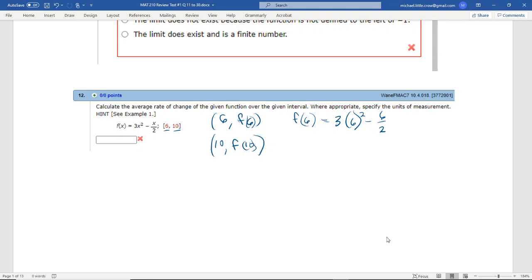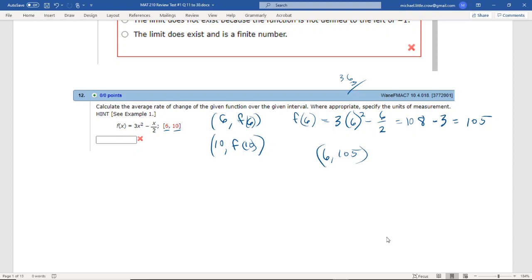I guess we can do this, it's not too bad. 36 times 3 minus 6 over 2 is 3. Let's just go ahead and do it. 6 times 3 is 18, carry the 1, 9, 10. 108 minus 3, it's 105. So we've got 1 point at 6 comma 105.